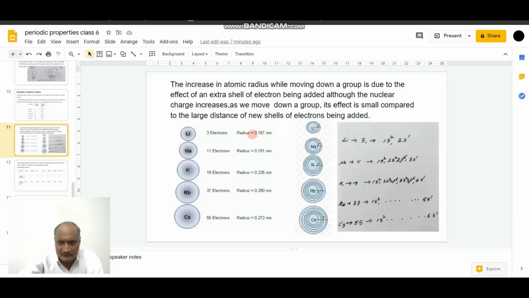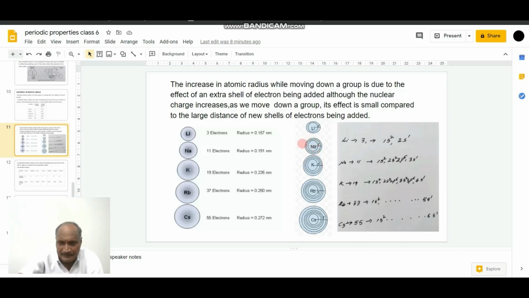When we come to the next example, sodium, its atomic number is 11 and its configuration is 1s2, 2s2, 2p6, and 3s1. It means in sodium there are 3 shells. The distance between the nucleus of sodium and the outermost shell electron indicates the radius of the atom.